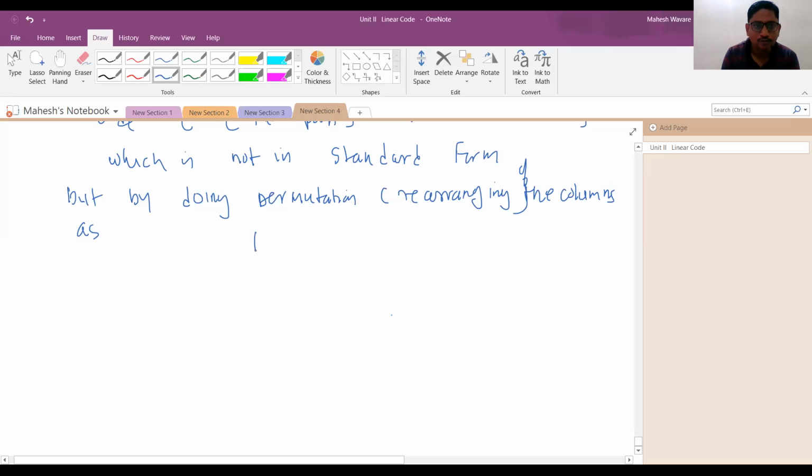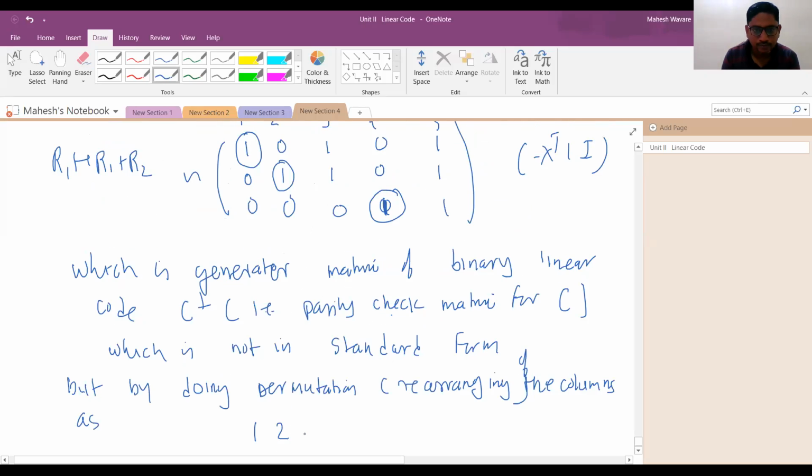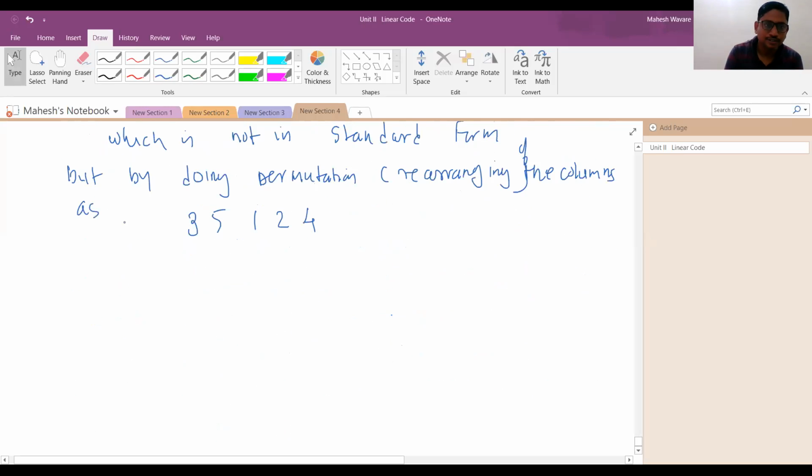So it is 1, 2, and the next column is 4. And what is remaining? 1, 2, 3, 5 is remaining. So like this, we can permute so that we get the matrix X and identity. The equivalent matrix, you call it H dash.